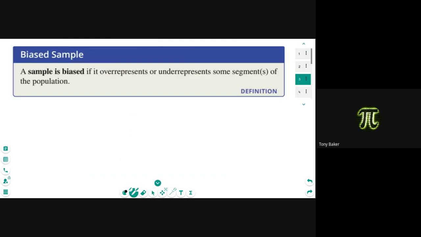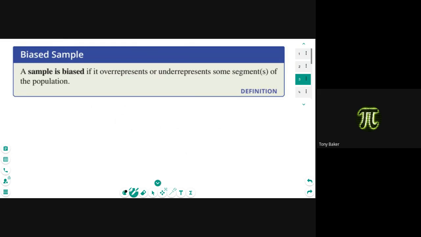So biased samples are one of the biggest problems that we have. A sample is biased if it overrepresents or underrepresents some segment of the population. Okay? We look at biases as what we dislike, those type of things. In statistics, that's not the way we look at biases. We actually want to know those things.